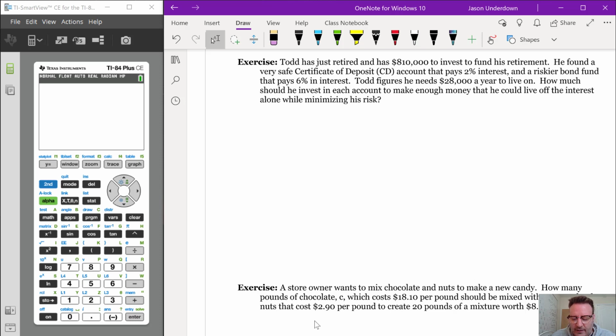Well, we need to figure out what the variables are. That's the first thing. The 2 things that can vary are how much he invests into the CD and how much he invests into the bond fund. So let's make that explicit: we'll let x be the amount in the CD, and we'll let the variable y represent the amount in the bond fund, in dollars.